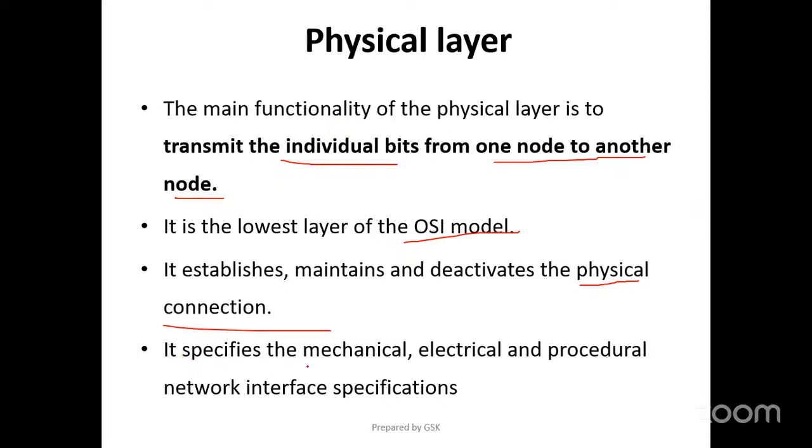It specifies mechanical, electrical, and procedural network interface specifications. All the mechanical, electrical, and procedural network interface specifications deal with the physical layer only.